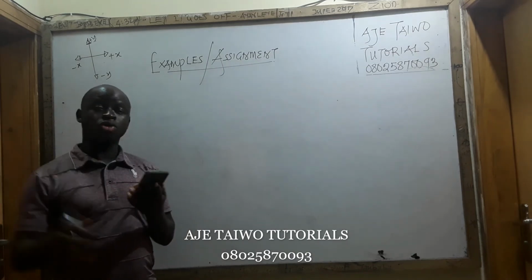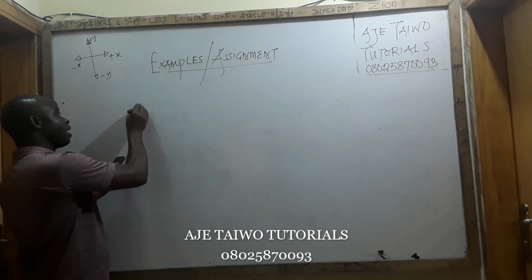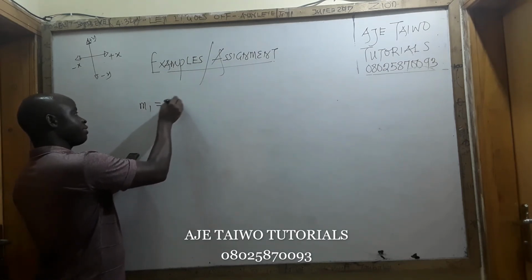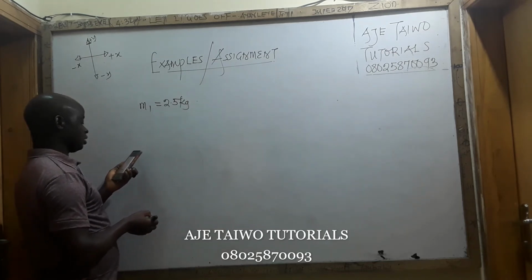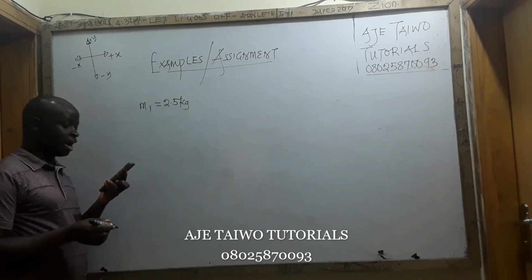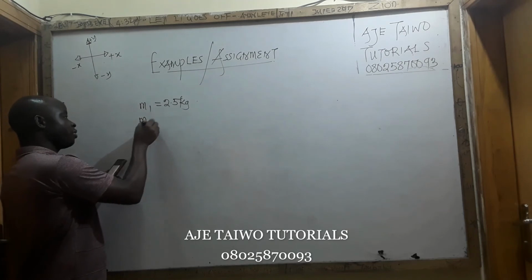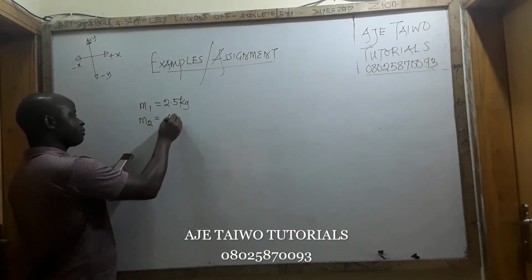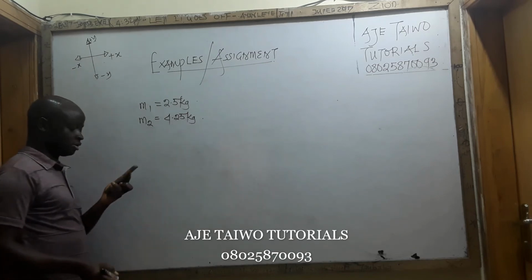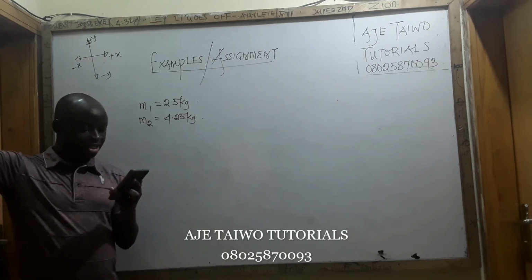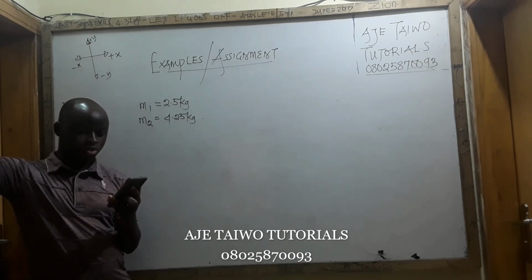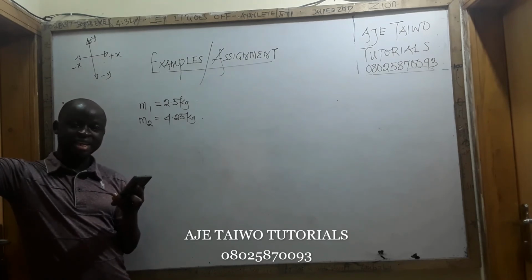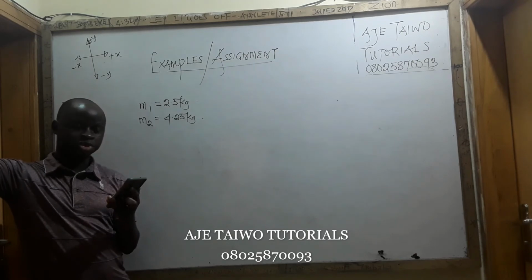Number 1. A load of mass M1 equals 2.5 kilograms is attached to a mass M2 equals 4.25 kilograms with a light inextensible string hanging over a frictionless pulley.